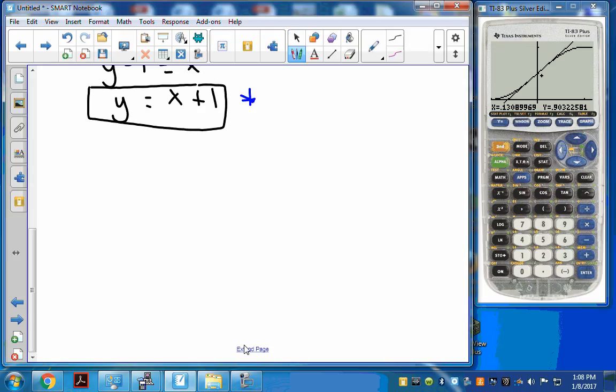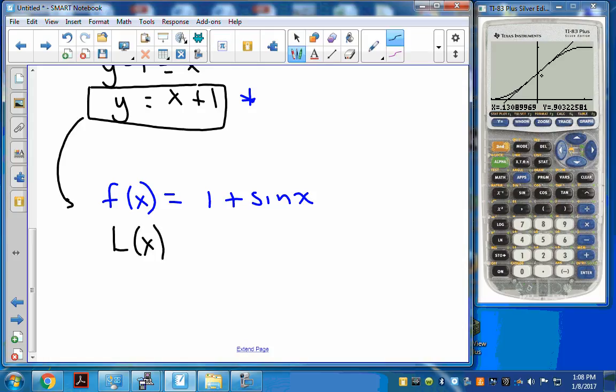If we let the function, for this first example, be 1 plus the sine of x, and we let this tangent line that we got, which I'm going to call L, be x plus 1. L is equal to x plus 1.